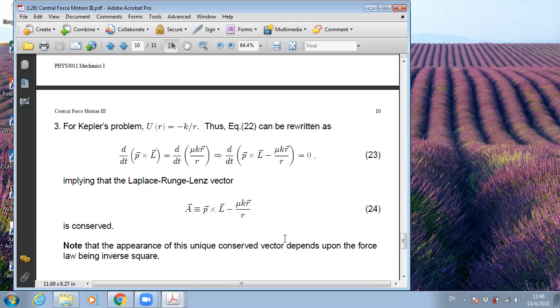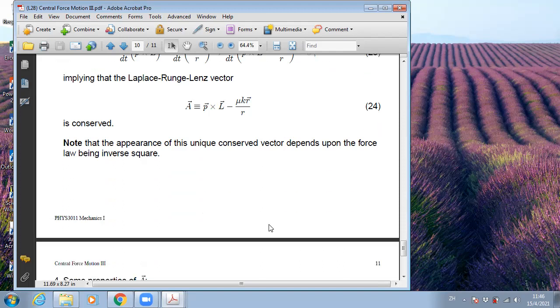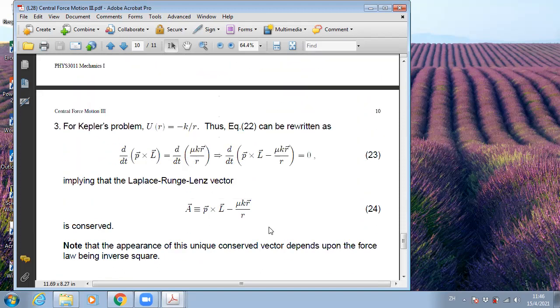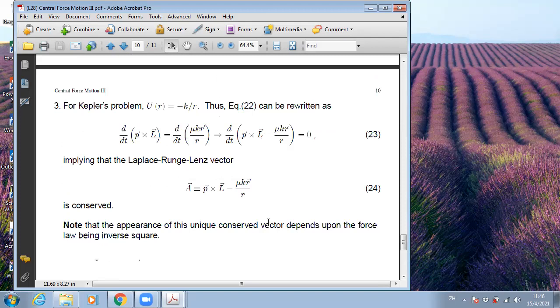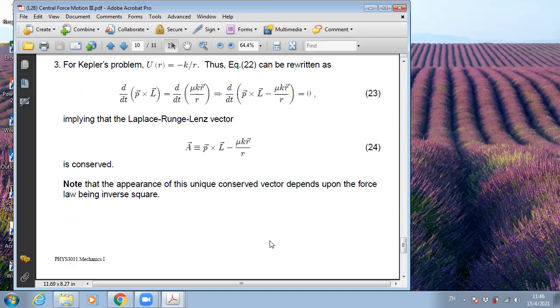So when we study E&M, electrostatics, you will realize that there is an additional constant of motion, the Runge-Lenz vector. This kind of constant of motion, we usually call it accidental symmetry. It is due to the accidental symmetry.